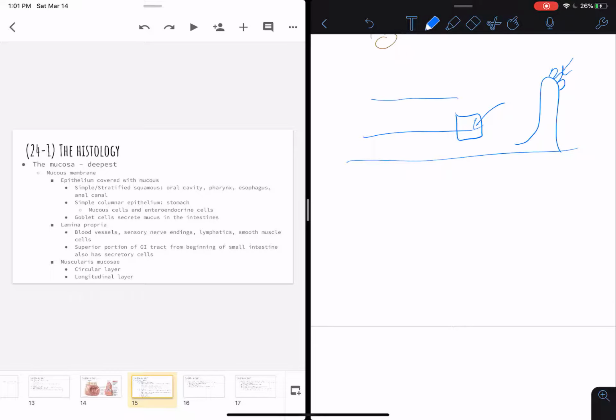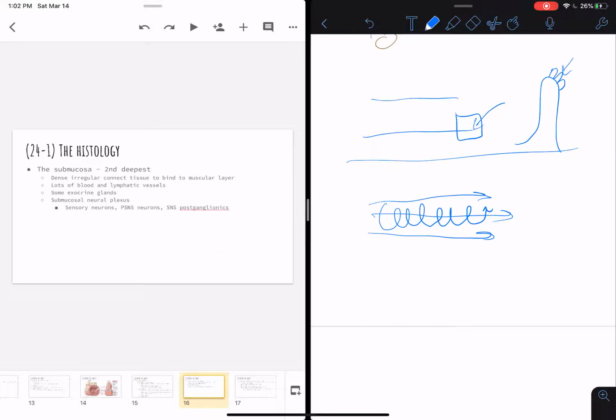And then we have the muscularis mucosa. This is all of that muscular layer, and we'll have not only circular shaped muscles going down the tube, but we'll also have longitudinal shaped muscles going down the tube. Again, this is not where we really care about the muscular layer. There's just a little thin layer of muscle here that we want to address, but we'll talk about the same shaped muscles in the muscularis layer.